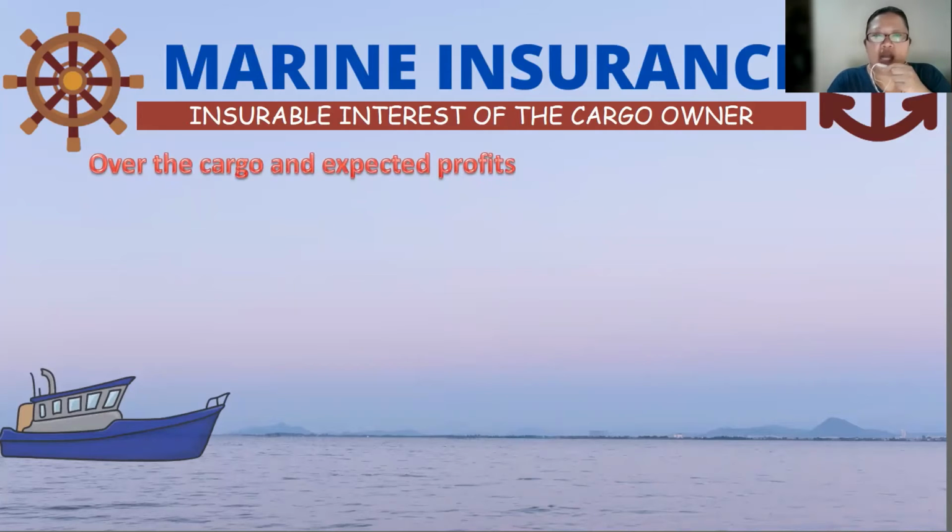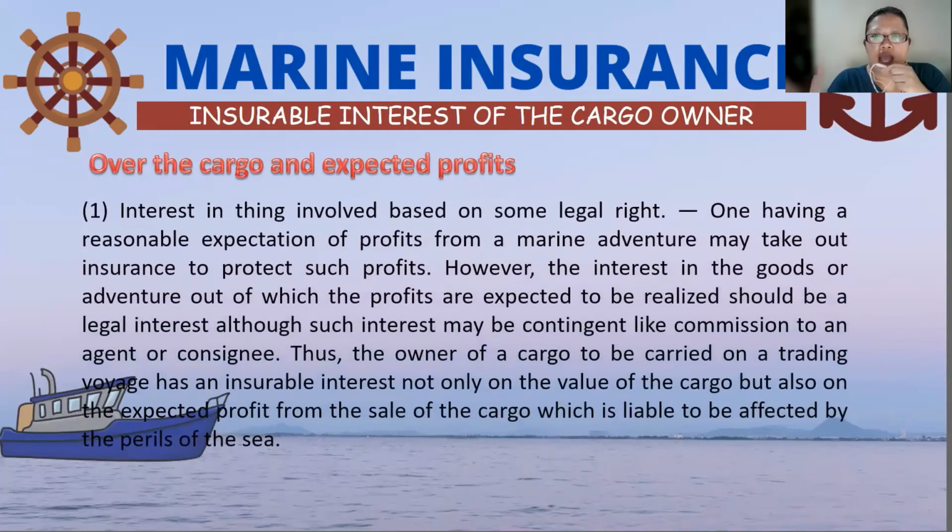So there are two instances of insurable interest of the cargo owner. One is over the cargo and expected profits. In the cargo, there are two cases. First, interest in the thing involved based on some legal right. One having a reasonable expectation of profits from the marine adventure may take out an insurance to protect its profits.